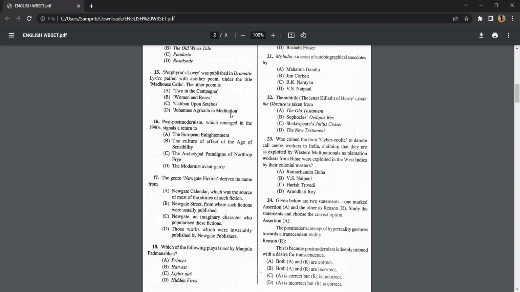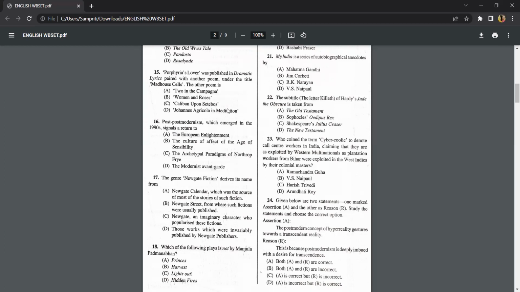After using my elimination methods and permutation combination methods and applying my overall understanding of literary theory, let's see what it comes out as. The European Enlightenment? No, it does not signal a return to the European Enlightenment, at least. No, it doesn't. So option A is no.